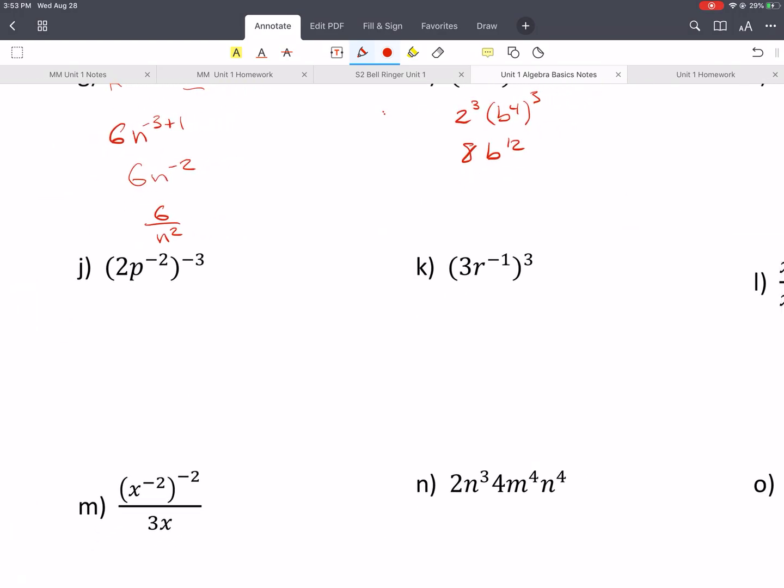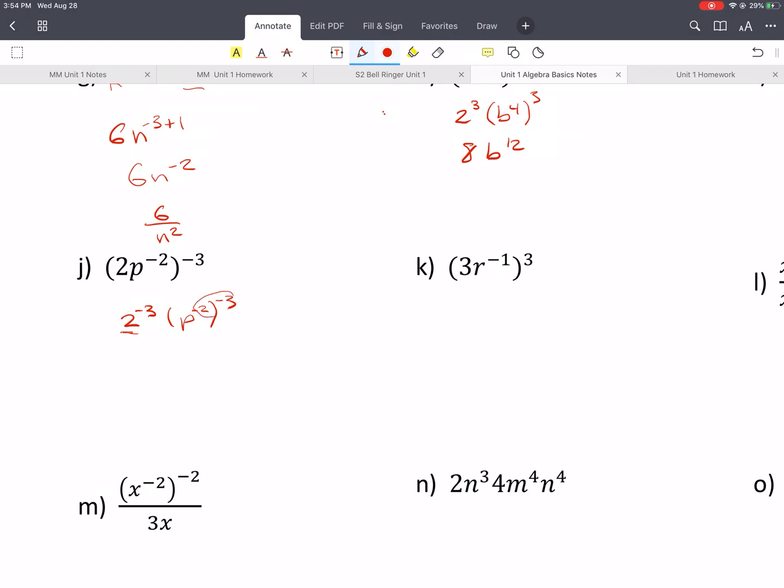All right, j. Again, we have a power inside of a power. We can rewrite this as 2 to the negative 3 times p to the negative 2 to the negative 3. We do the same thing. If we have a number to the negative 3, we can bring that to the bottom.